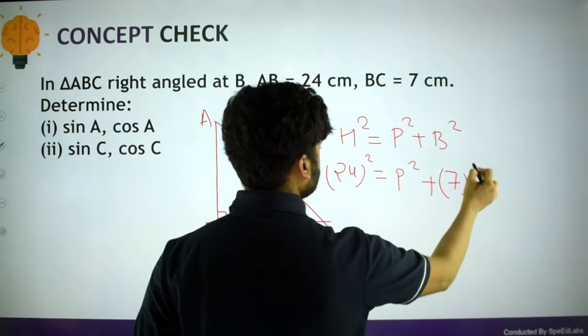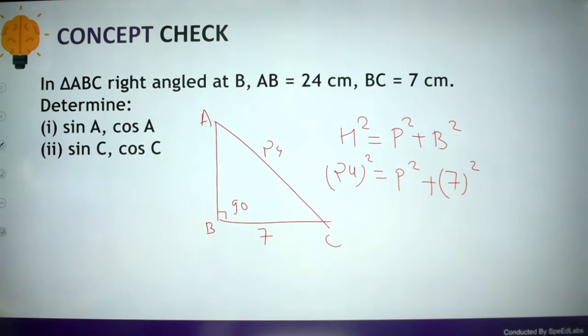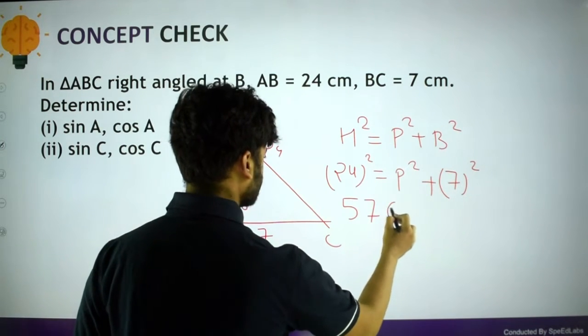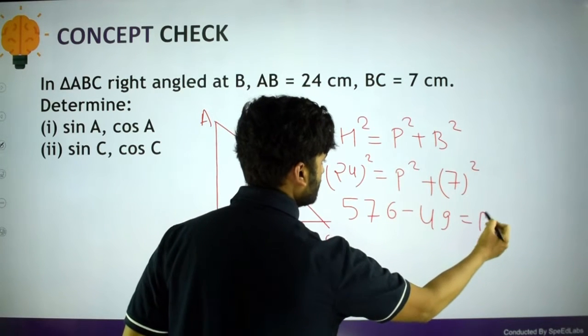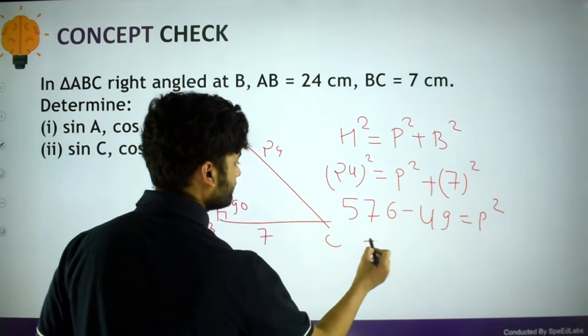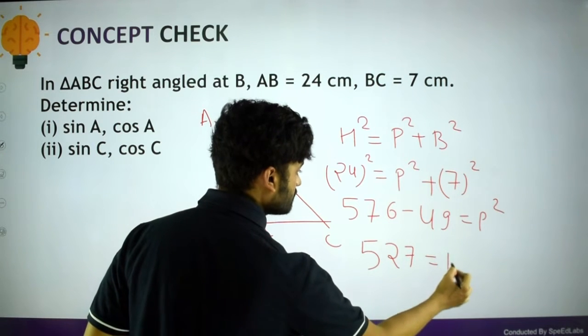Now we will calculate it. What is the square of 24? 24 into 24 is equal to 576. Subtract 49 from it, and we get 527, which is equal to p square.